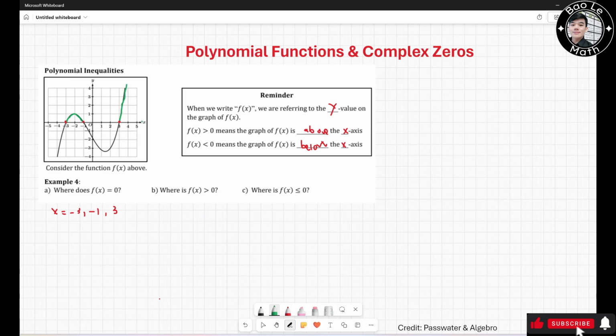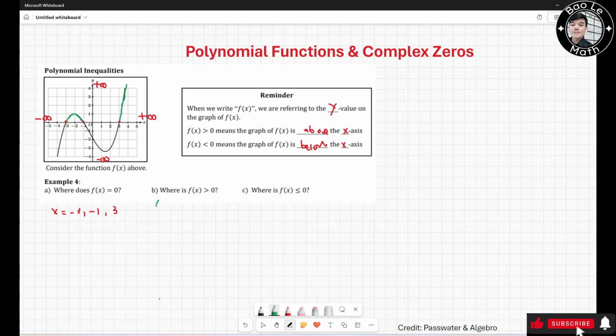Alright, now we always write this one is positive infinity and this one is negative infinity. This one is negative infinity and this one is positive infinity. Alright, so the function is above the x-axis when x belongs to the interval -3 and -1, right?